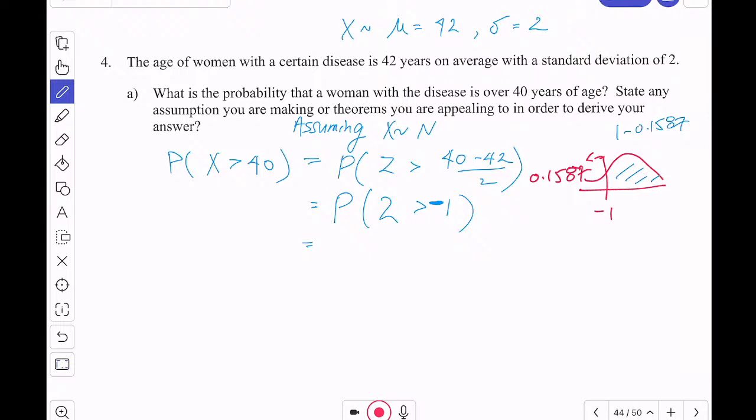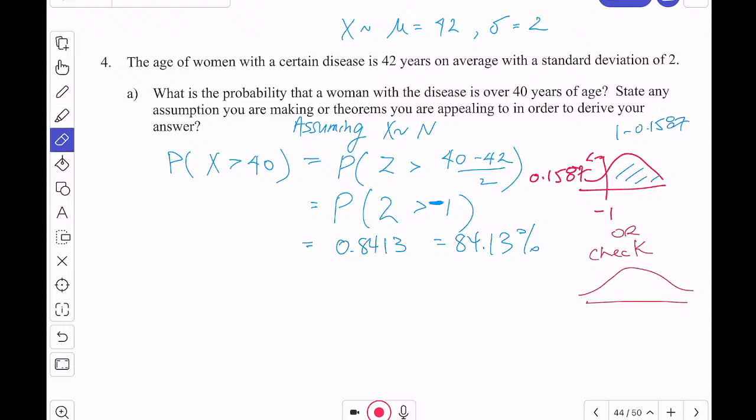Okay. But similarly, you could also check if you change the sign and the direction, you get the same answer.